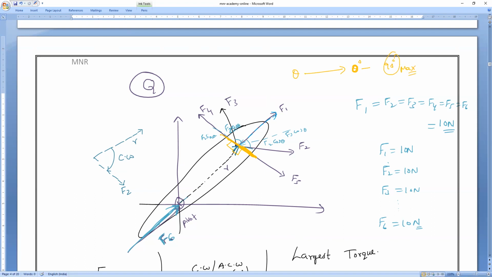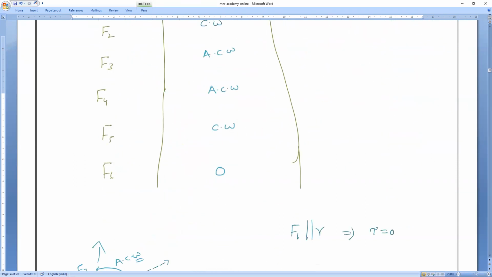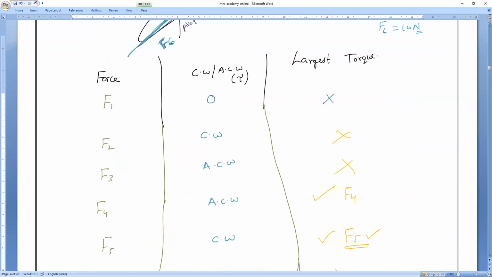So the maximum turning effect is produced by F4 and F5 both. This one is not producing, this one also not, and that one also not, and the first one is not.